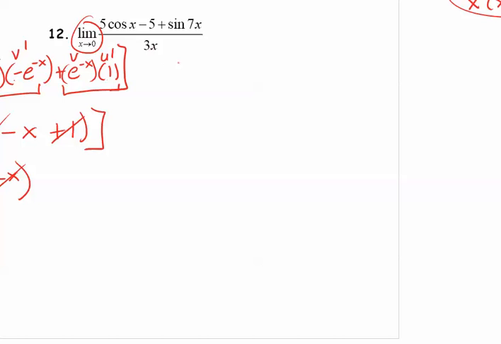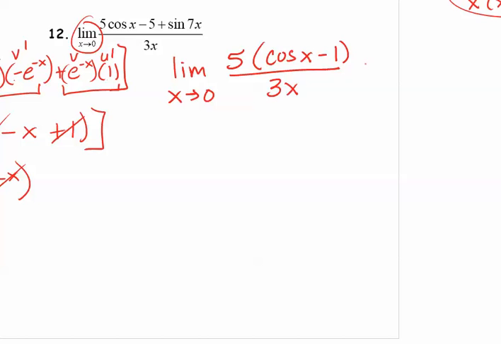So let's split this up using our limit laws. You have to be pretty good at seeing one step ahead of where you're working. If I keep the first two terms together, but factor a 5 out of that, and then I have to write that over 3x, and then the second part.